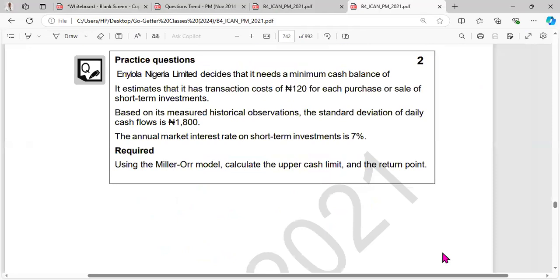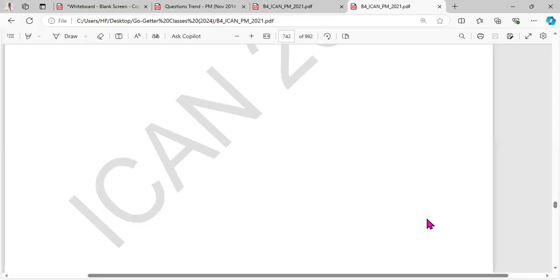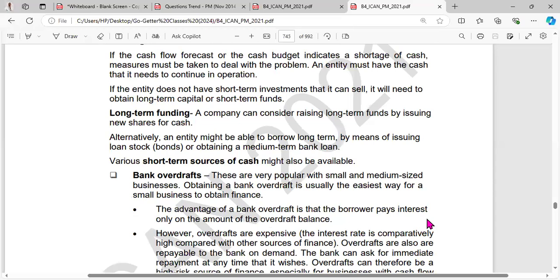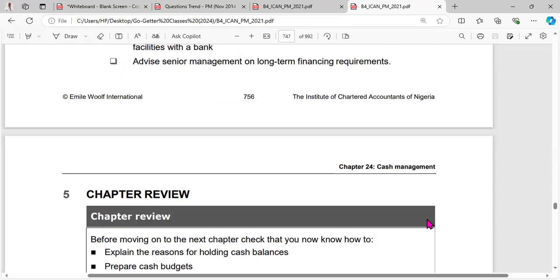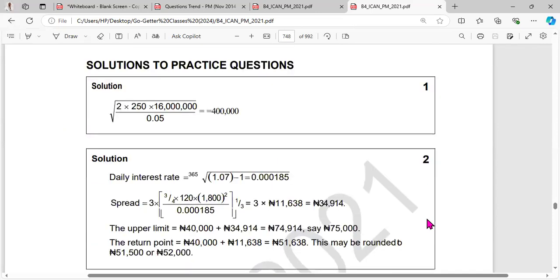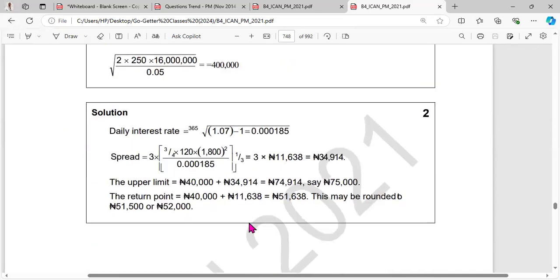Because I know that the solution will have the minimum balance. All right. The minimum balance is 40,000.